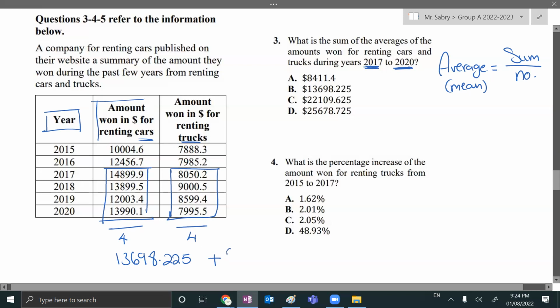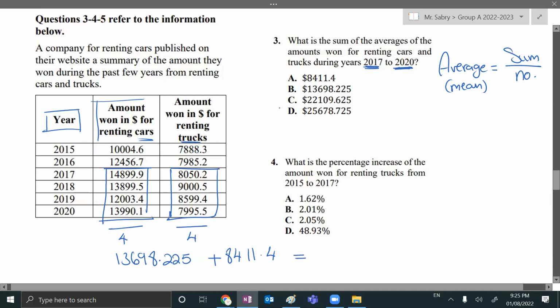Eight four. 8411.4. 0.5 plus 0.4 plus 0.5. You're sure of the trucks, huh? So now I just need to add these two together.